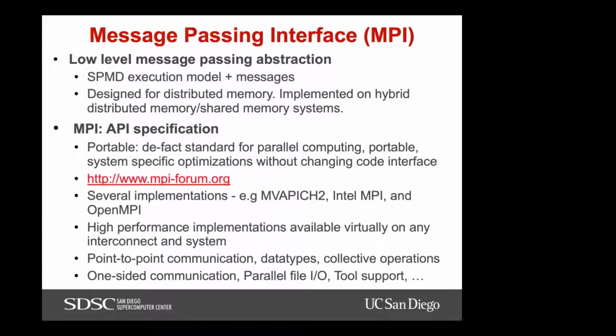And then similarly, you have parallel I/O and different kinds of communications where you do one-sided communications and so on. So we won't go into a super detailed look at all of these, but just know that there are lots of routines available. Like we might look at 20 of them today, but there might be 100 plus available.